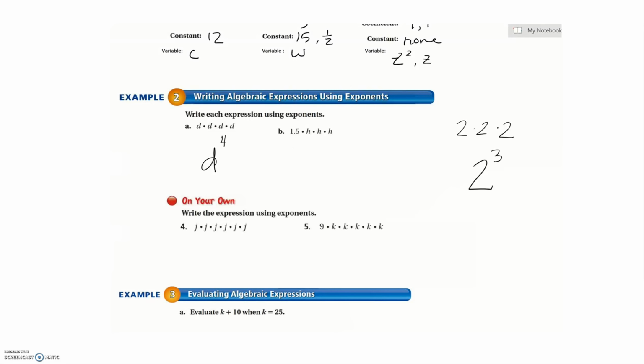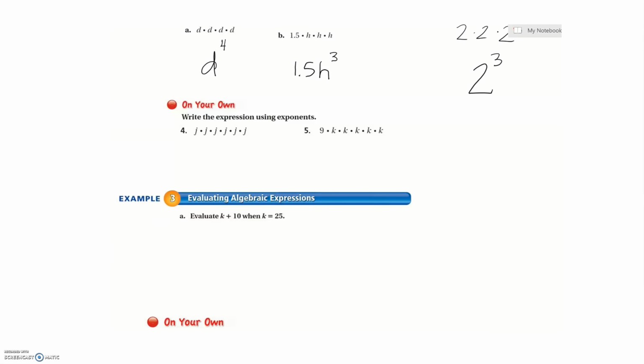If I have a coefficient in front of my variables, I'm still going to keep that coefficient. So I'm still going to have 1.5, and I'll have h as my base, and I have 3 h's. Here's another on your own.